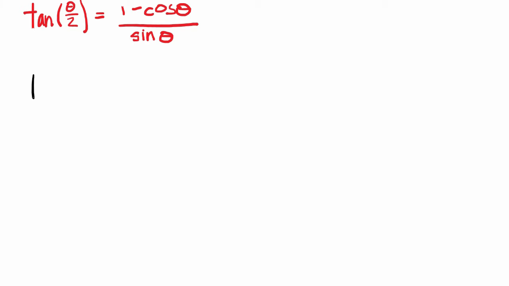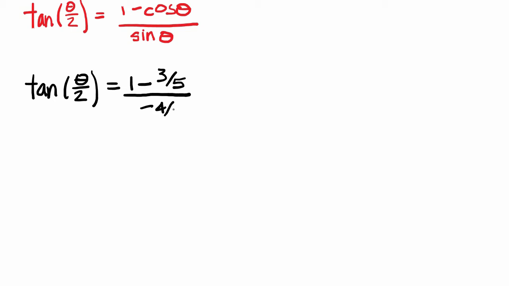The other half angle we were asked to find is the tangent of theta divided by 2. So I just picked one of the 2 possible formulas because they're equivalent. So that's 1 minus cosine theta, so 1 minus 3/5 in the numerator, all divided by, in the denominator, sine theta, which is minus 4/5.